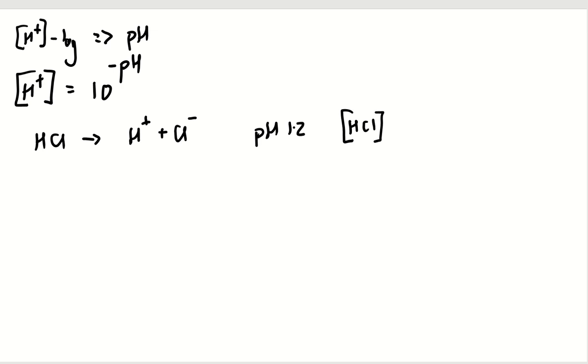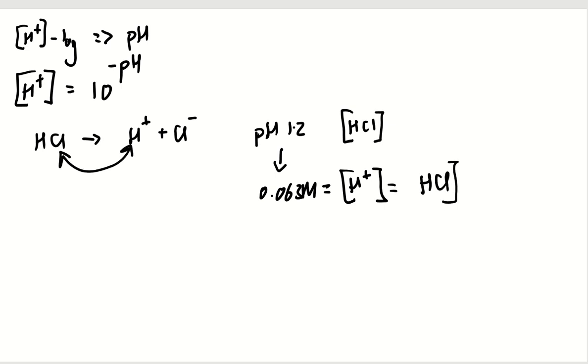So I just unlog that, so that's 10 to the minus 1.2, gives me 0.063 molarity. Now remember, that's the concentration of the hydrogen ions, but in this instance, because they're in a 1-to-1 ratio, that is also the answer to my question, because it's the concentration of the HCl also.